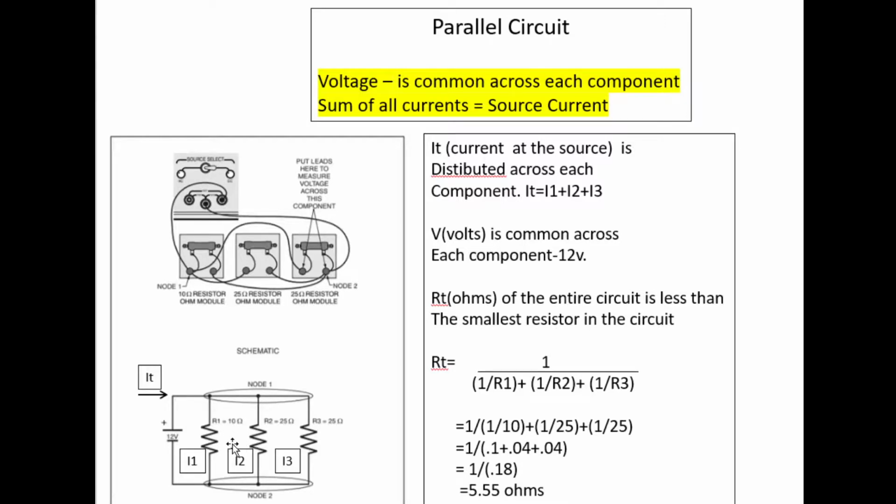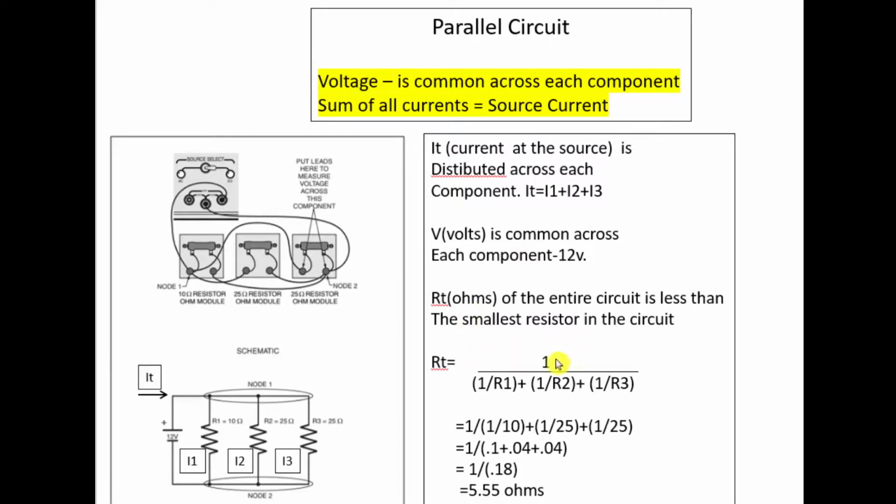If I had three hoses here, and let's say these two 25 ohm resistors represent a small hose, the 10 ohm represents a big one. For the whole circuit, I got three ways for this water to go through this path here, right? So the total resistance is going to be less than even the biggest hose that I got. So use that when you are calculating the resistance. Now the equation to actually calculate the total resistance is shown here on the right.